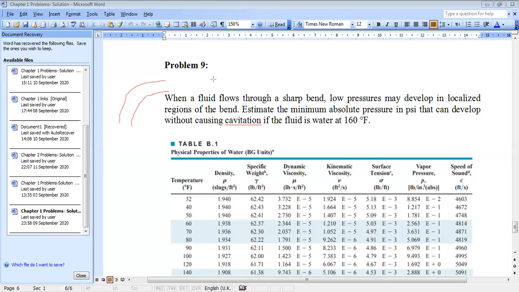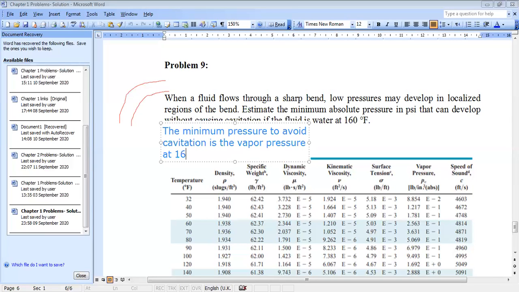So we can directly say that the minimum pressure to avoid cavitation is the vapor pressure at 160 Fahrenheit.